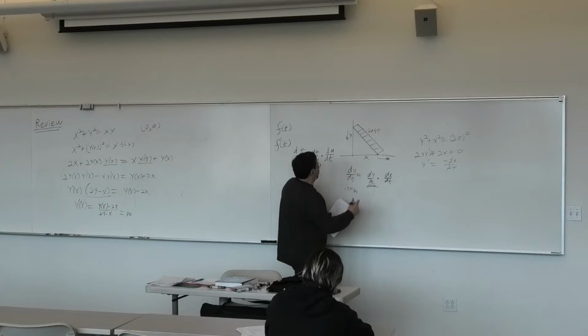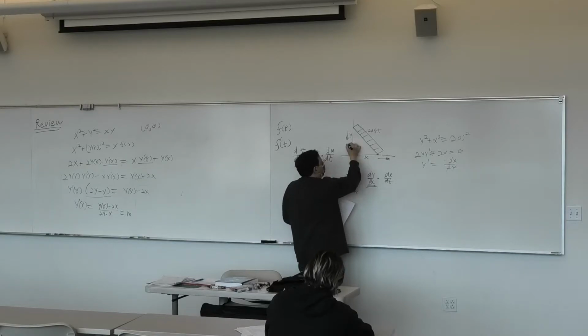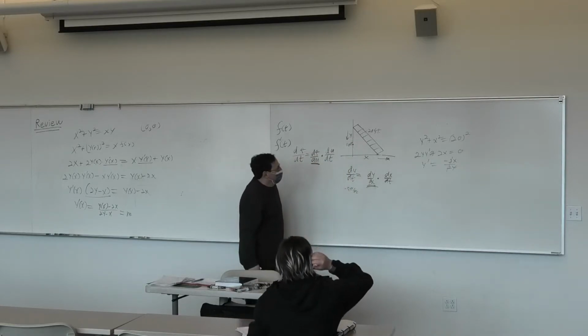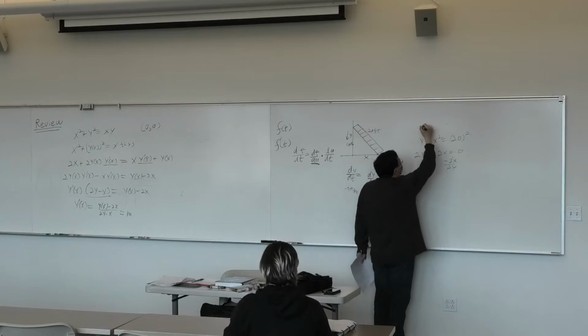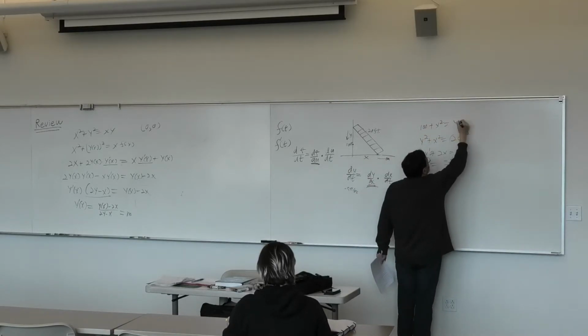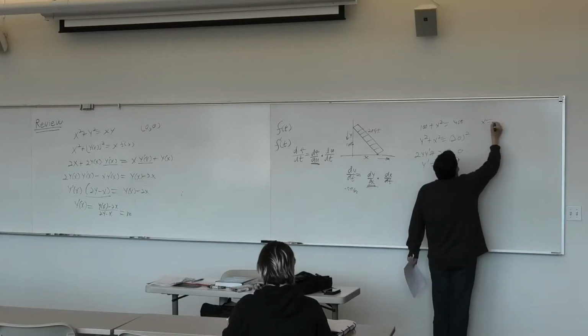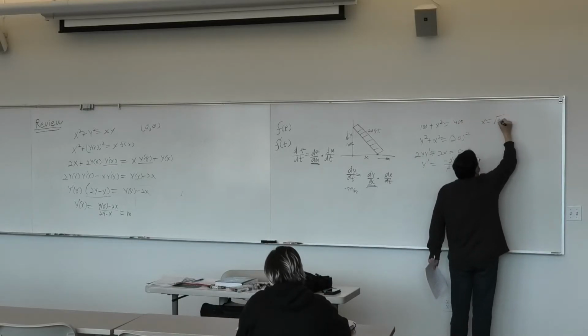So you have to give some point. So let's say when y is at, say, 10 feet. So if y is 10, that's 100 plus x squared equals 400. So x will be equal to square root of 300.